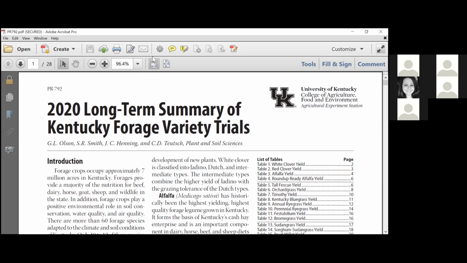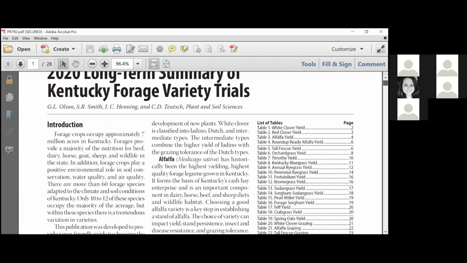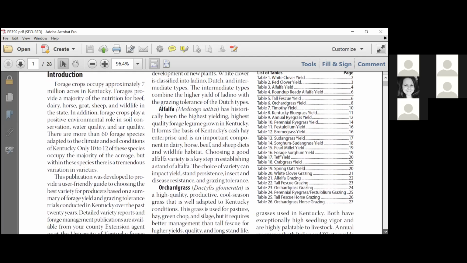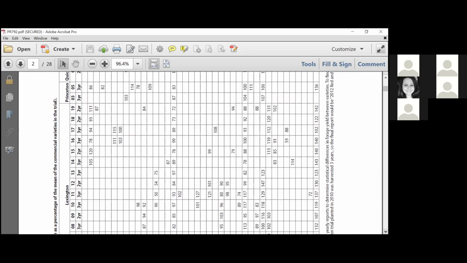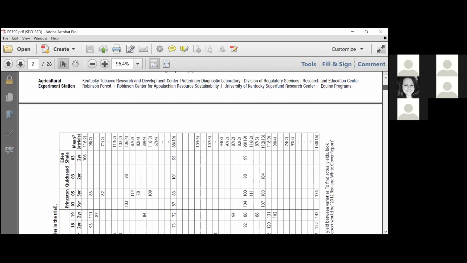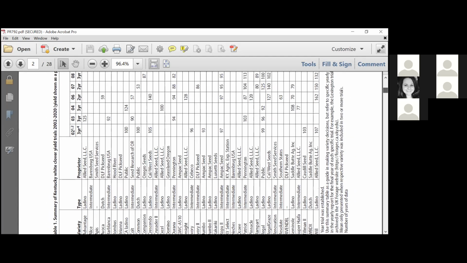All right, so here is the publication on the long-term summary of Kentucky forage variety trials. So whenever David was talking about certified seeds and that kind of thing, you can go in this publication, and this is in your packet. And you can see different varieties of different species.